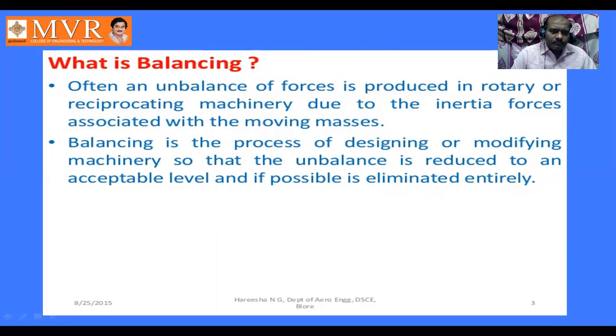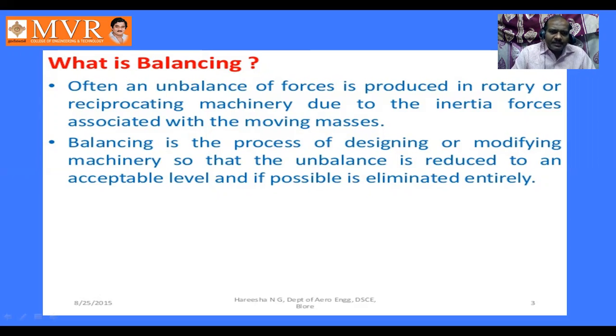Second one is, balancing is the process of designing or modifying machinery so that the unbalance is reduced to an acceptable level and, if possible, is eliminated entirely.